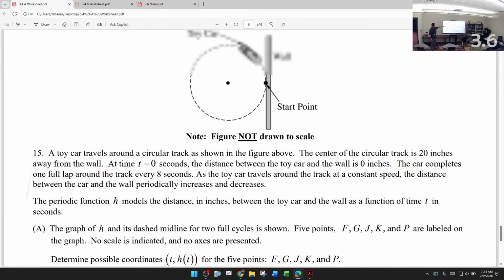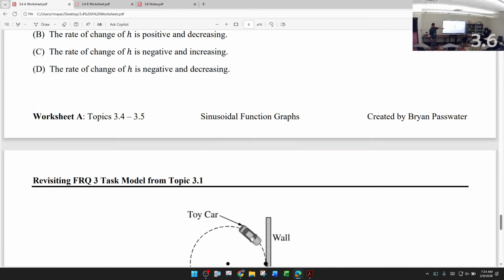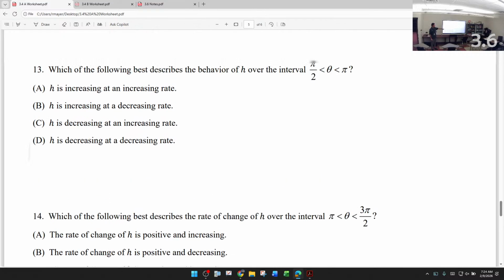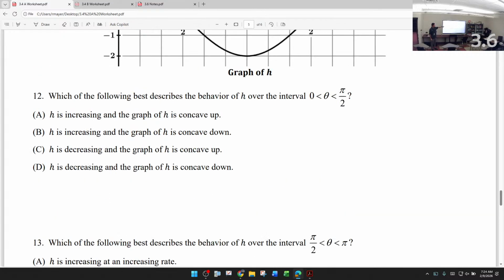You have to understand that, and you'll see it in today's homework too, somewhat. Increasing, concave down, negative, all that stuff from unit 1 still comes into play. You have to know if it's decreasing or increasing, concave up or concave down, decreasing at a decreasing rate, increasing at an increasing rate, or positive or negative.